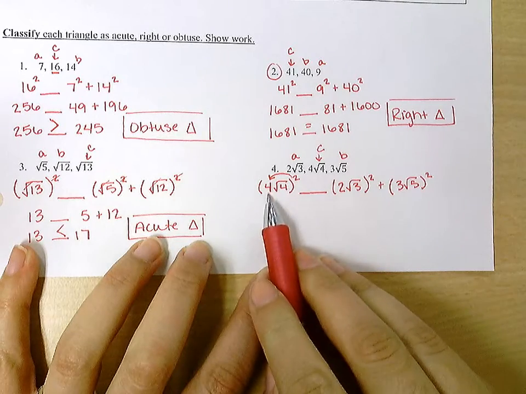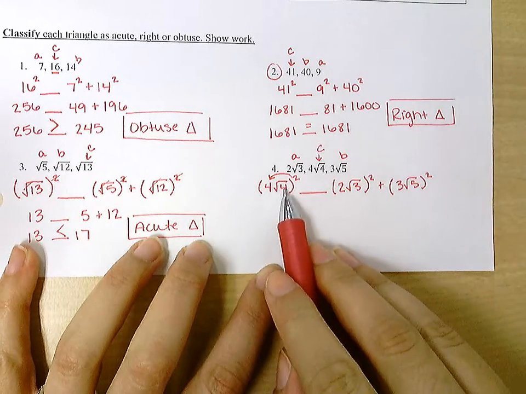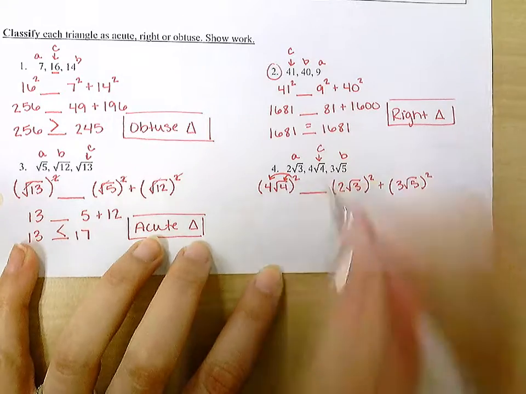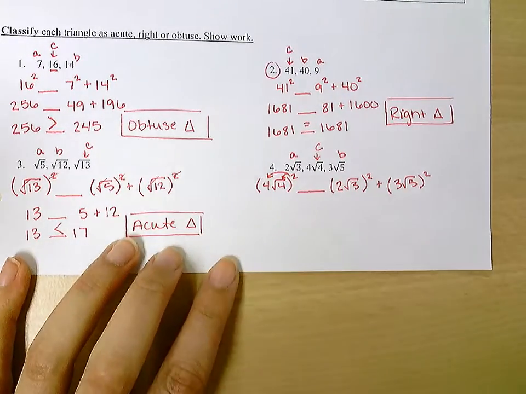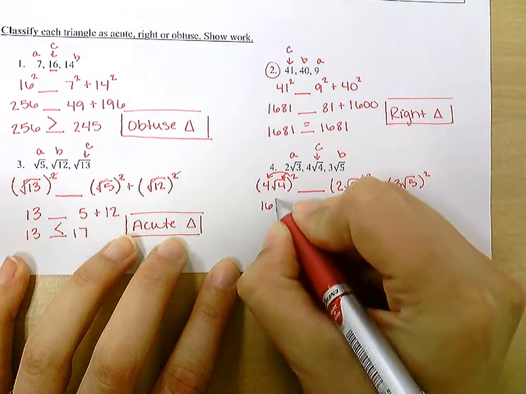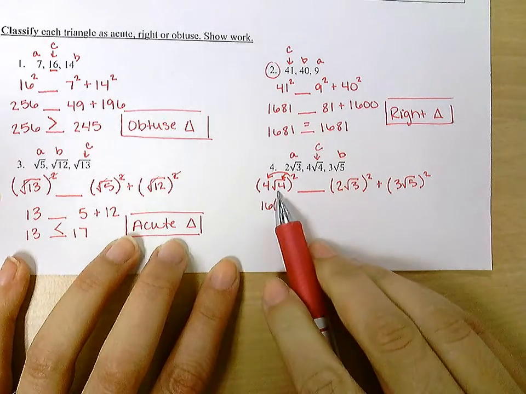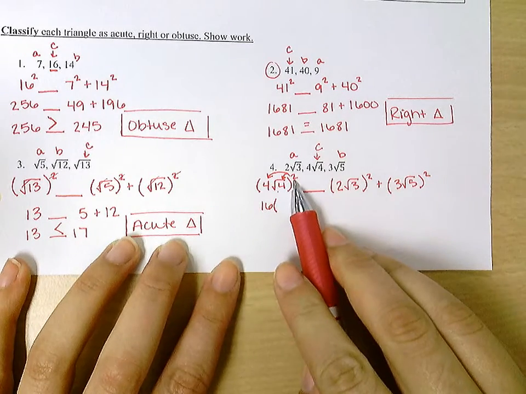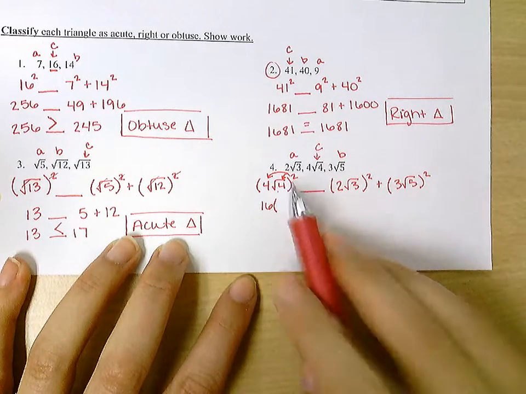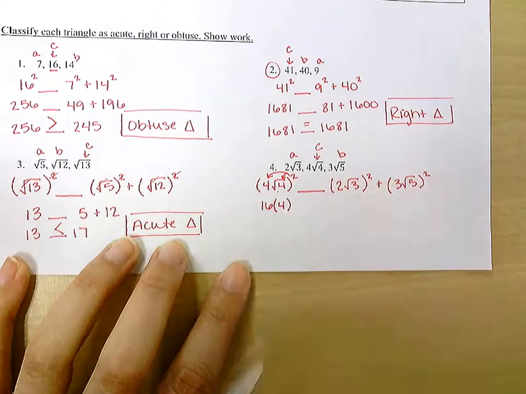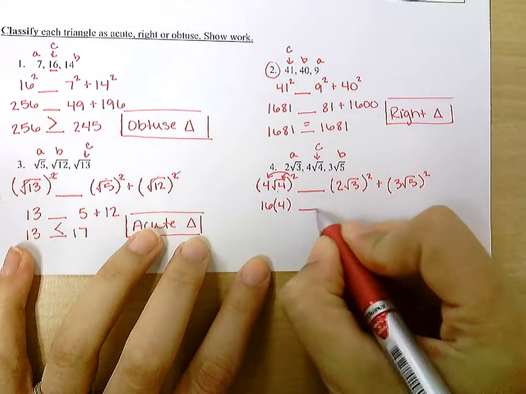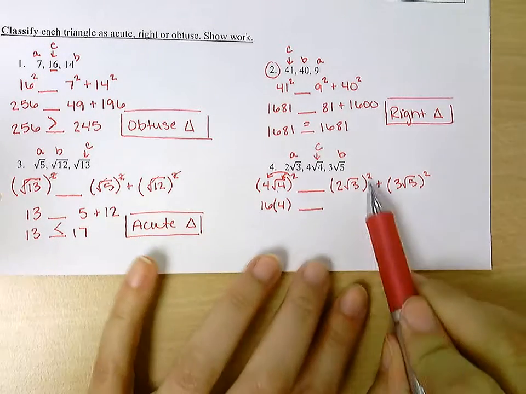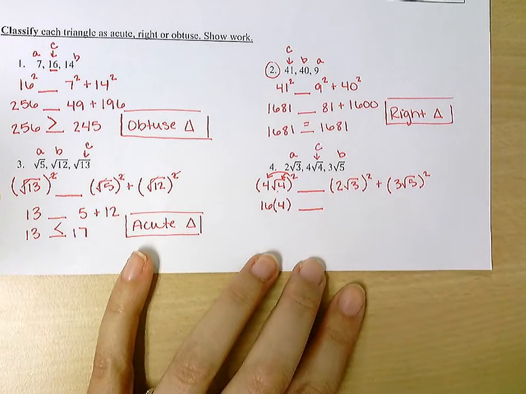So I have 4 squared and the square root of 4 squared. Okay, so I have 4 squared, which is 16, times the square root of 4 squared, which is what? 4. That's where that root cancels out with that square. Now I'm comparing to, again, distribute your square to both numbers.